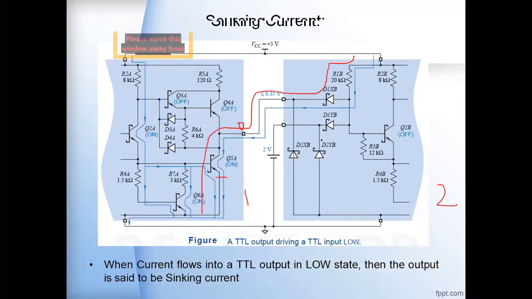And if you see the sinking current, what is happening? The output is at logic 0. Therefore, this logic 0 output makes the D1XB diode forward biased. So with respect to the second gate input, the current is going away from the circuit, and with respect to the TTL gate 1, the current is entering into the output of the TTL gate 1.